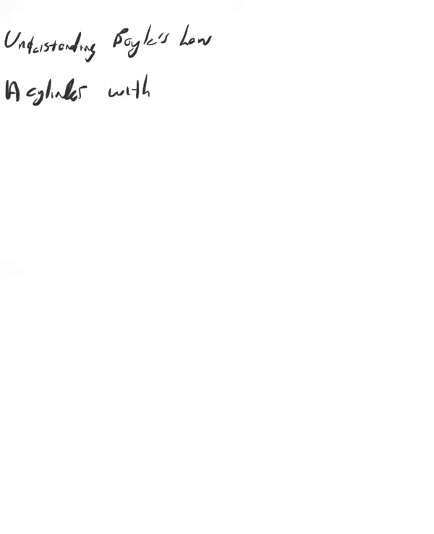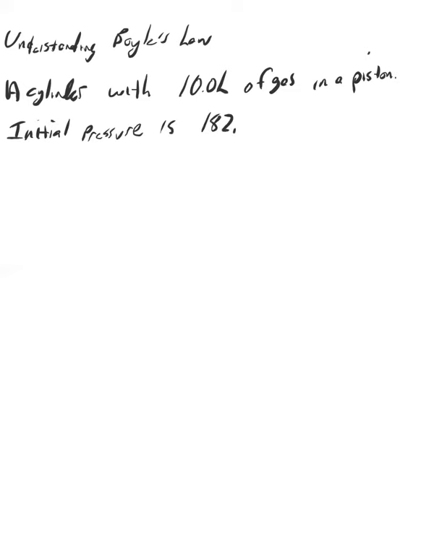Okay, in this question, this is called Understanding Boyle's Law. You've got a cylinder. So they show you a picture of the cylinder with 10.0 liters of gas in a piston. The initial pressure is 182 kilopascals.